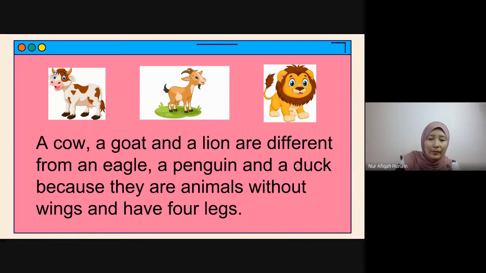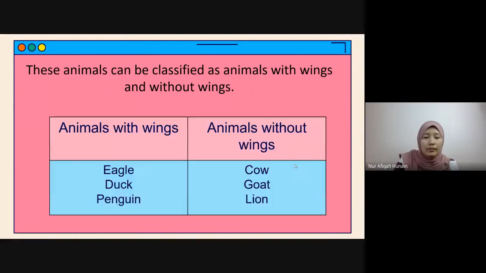It doesn't matter if you want to use animals with wings and without wings. You can also use another characteristic, which is two-legged and four-legged animals.